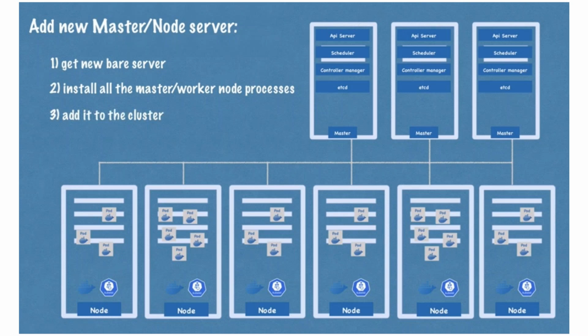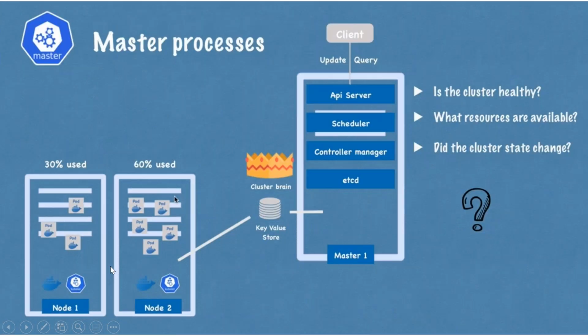The number of master machines and worker nodes will completely depend on the workload you have. So if you have a bigger workload, you will have a bigger cluster. If you have a smaller workload, you will have a smaller cluster. So whenever I say cluster, I mean a combo of master and the worker node. If you see carefully, master has a different set of components, worker has a different set of components.